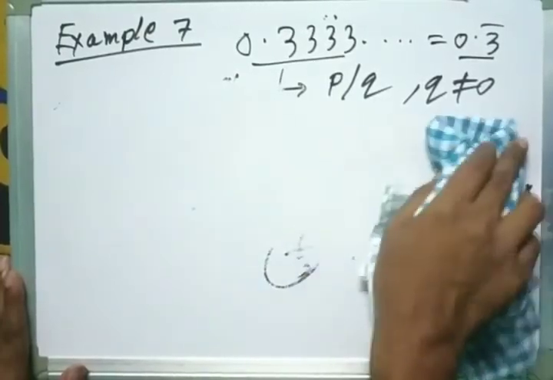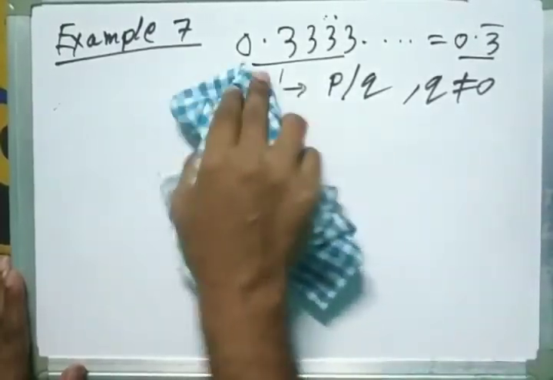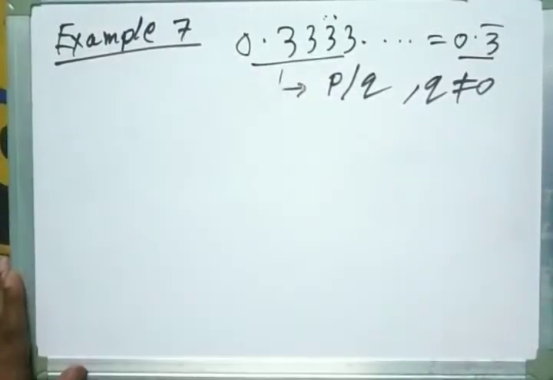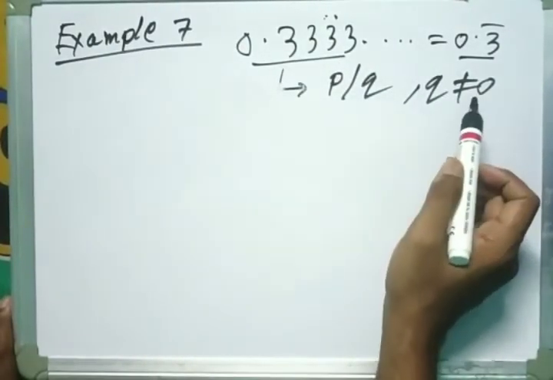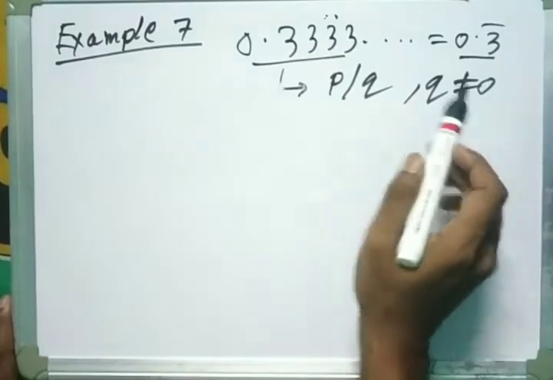Now coming to the question, we have to write 0.333... in the form of p by q, where q is not equal to 0.